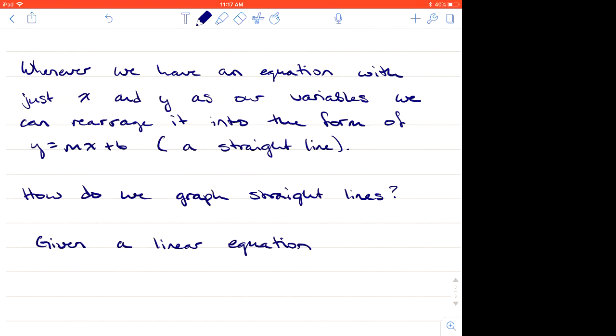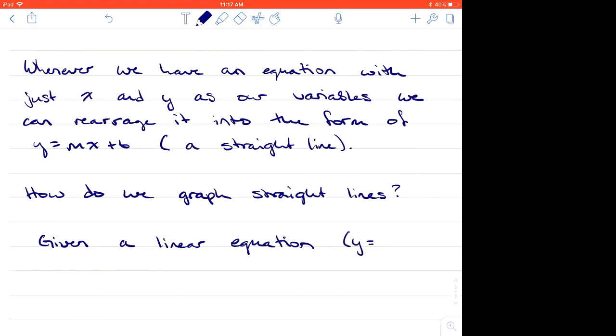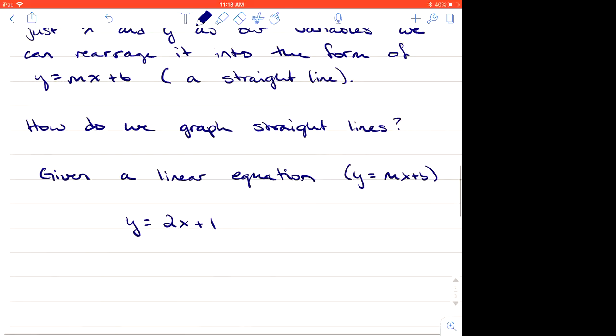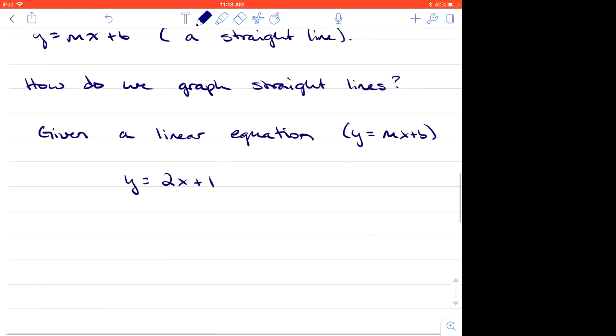Okay, so given a linear equation, y equals mx plus b, for example, y equals, let's say, 2x plus 1, keep it simple. We can graph this if we just find 2 points on a line, right?